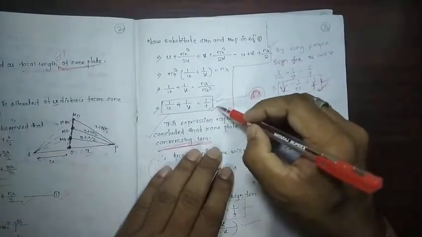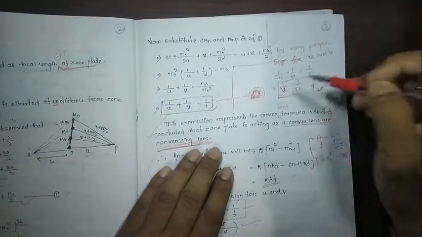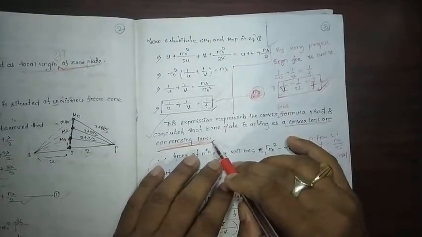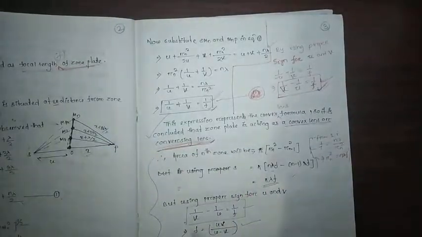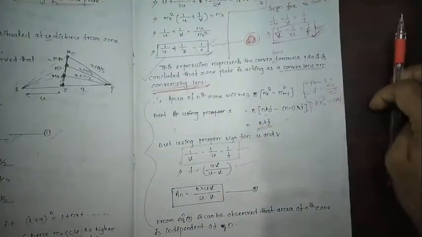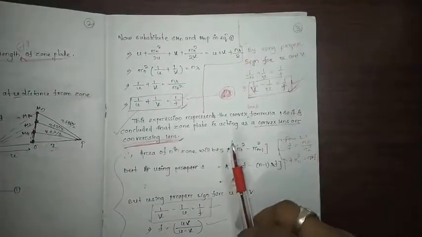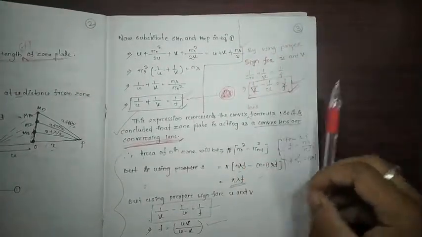After this you have to write this much, and correct your note, and from the next class onwards we are going to discuss further. So in this class we discussed that the zone plate can act as a convex lens.